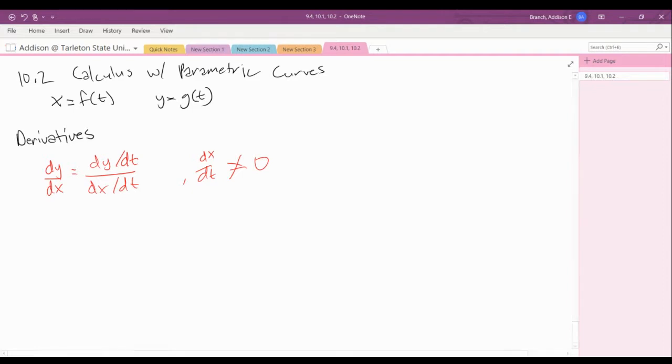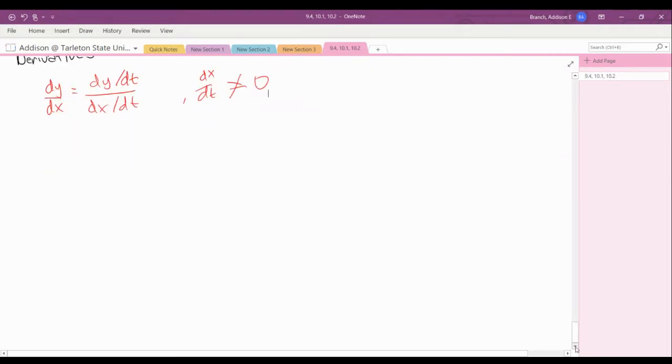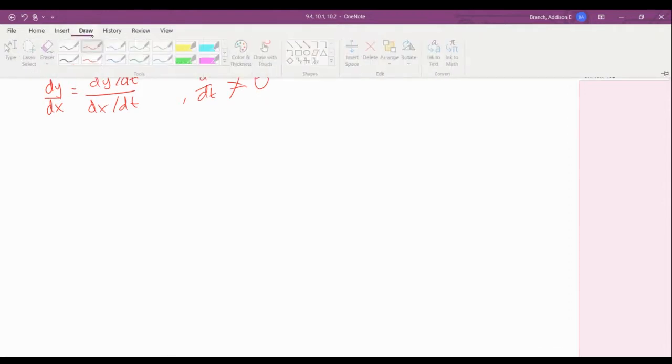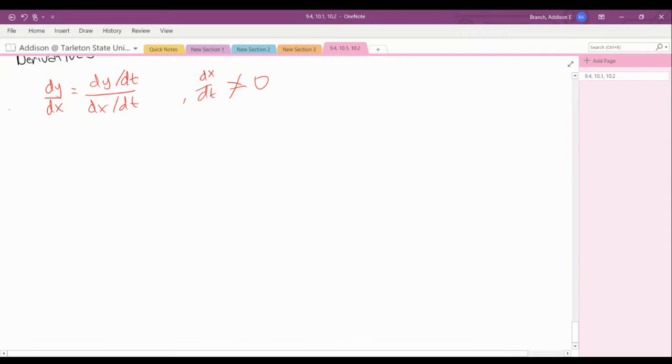Now there's a couple things we can still do with our parametric derivatives. We can still use this to solve for tangent lines.